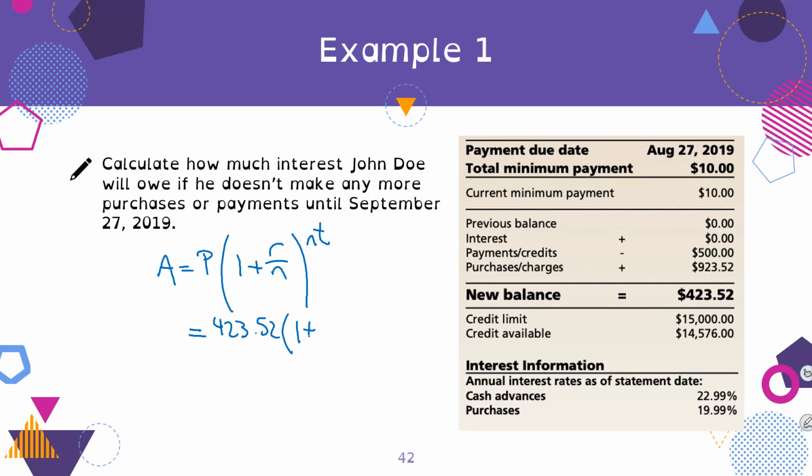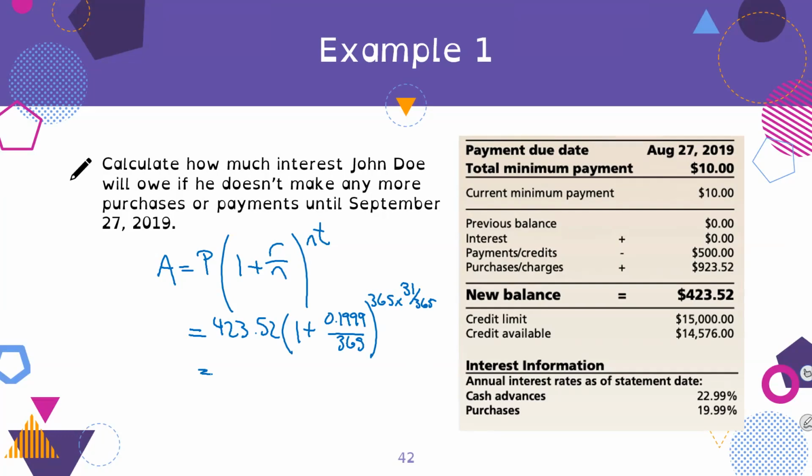Our rate is 19.99%, so 0.1999 divided by 365, to the exponent 365 times... We are doing it for a month, so from August 27th to September 27th. So that is 31 days out of 365.